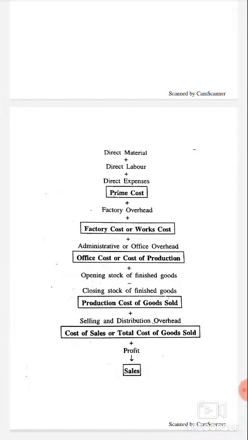First, we charge direct material. Then we add direct labor and add indirect expenses. The total expenditure on direct material, direct labor and direct expenses is called prime cost.